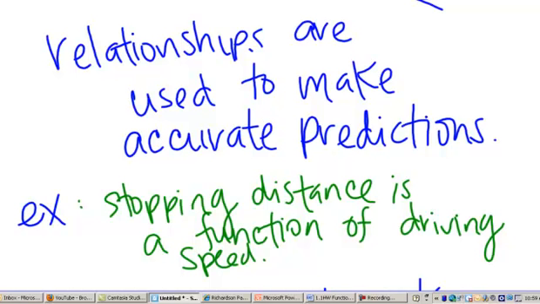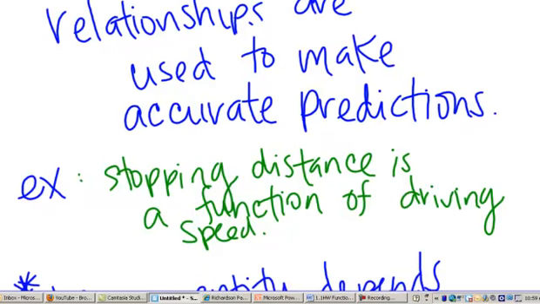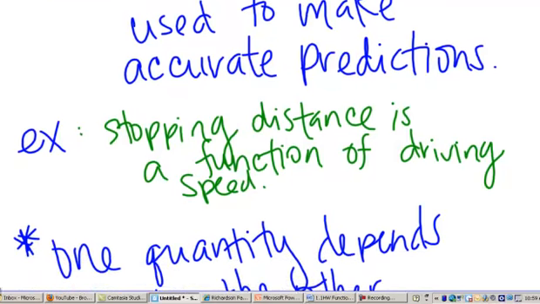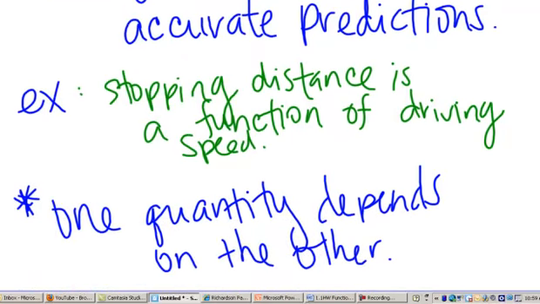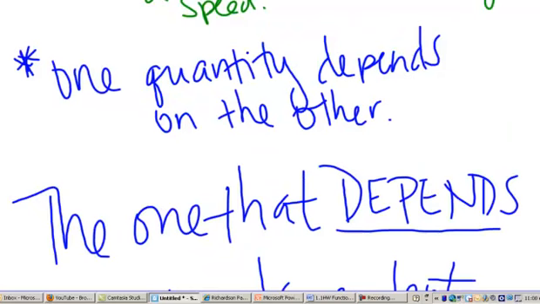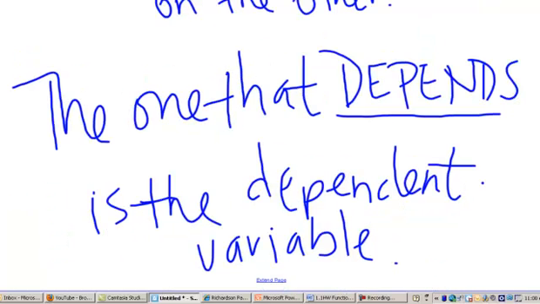Whereas if you're on the highway, obviously you need more time to stop. Okay? So the quantity depends on the other. Our stopping distance depends on our driving speed. Okay? Again, y'all know this. The one that depends is the dependent variable.